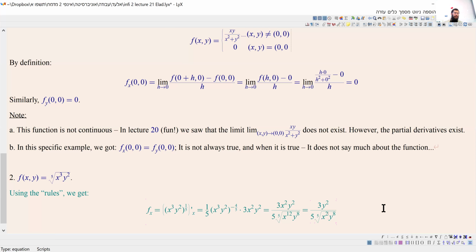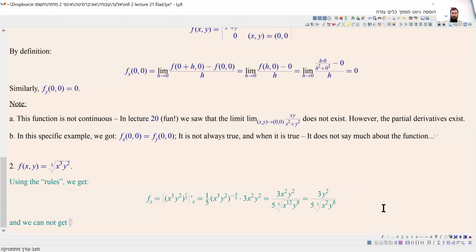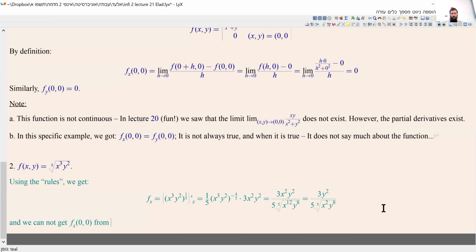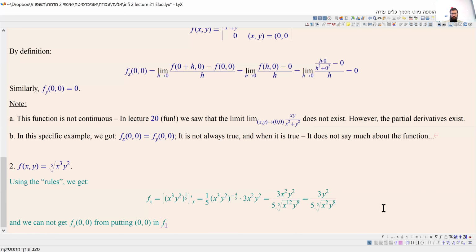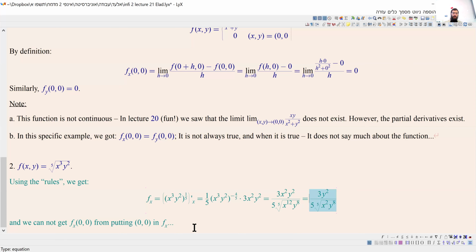Now we cannot put x and y to be 0. The denominator is zeroing. So we cannot get fx(0,0) from putting 0,0 in fx, because the denominator is zeroing.